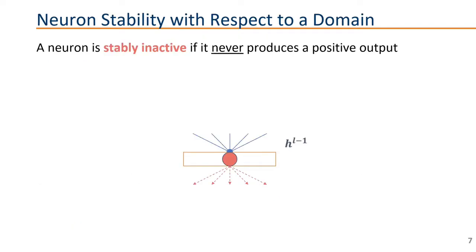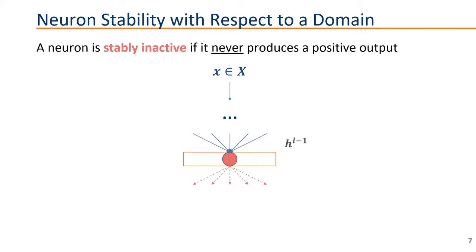Now, as I mentioned before, the way that we're going to do this compression is by identifying active and inactive neurons in the neural network. And we're going to use the concept of stability as well. So we can say, for example, that a neuron is stably inactive if it never produces a positive output.